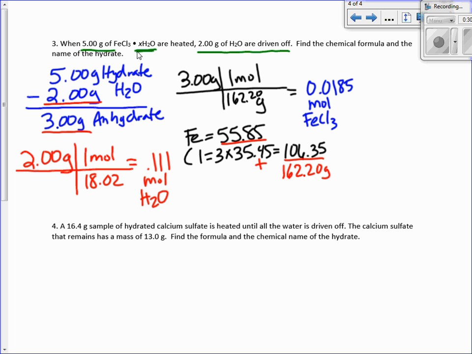And then our last but not least step here is to take our moles of water divided by the moles of the anhydrate. So 0.111 divided by 0.0185. And we're going to get that X number in front of the water. What does that come out to be?